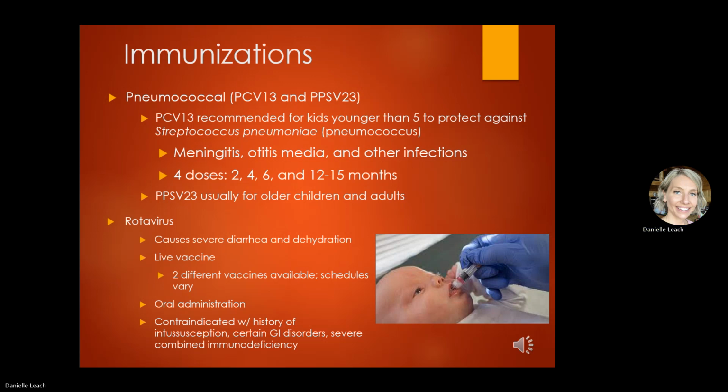There are 2 different brands of this, so the schedules vary based on the brand. The unique thing about this immunization is that it is an oral liquid. So we just administer it as we would any other oral liquid medication. It's also contraindicated with other GI illnesses that we will talk about later, such as intussusception and certain other GI disorders.